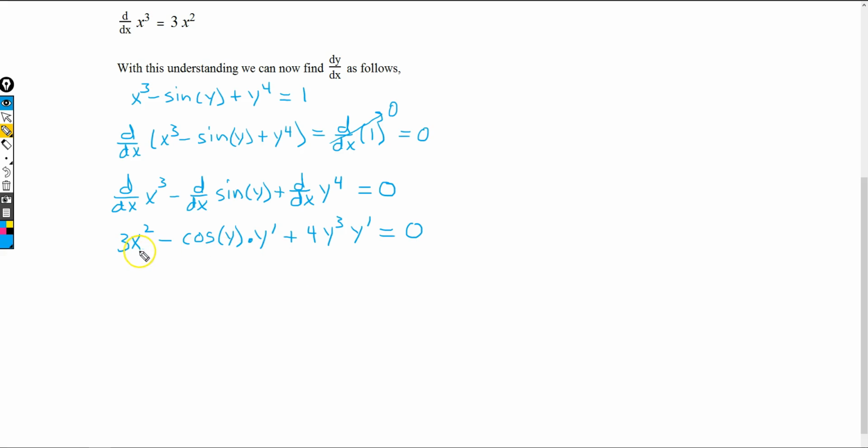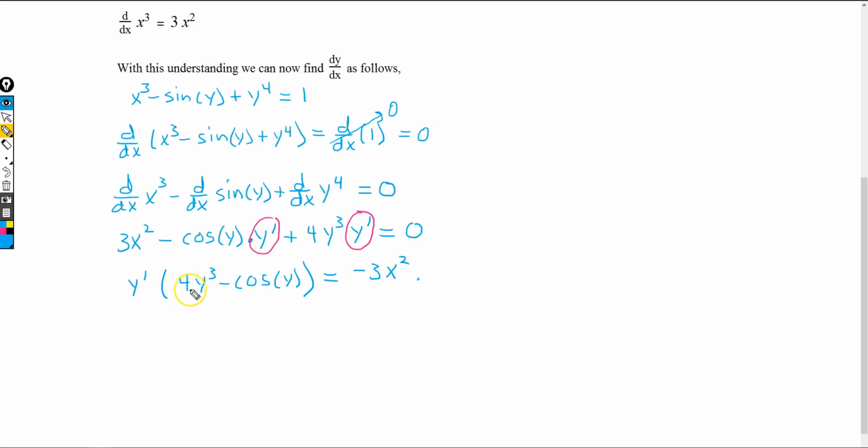We're going to isolate the y prime on one side and put everything else to the other side. So let's take that 3x squared, we're going to move it over here, we're going to factor out a y prime from these two terms, and we're going to get the following. So notice I just factored out the y prime from here and from here.